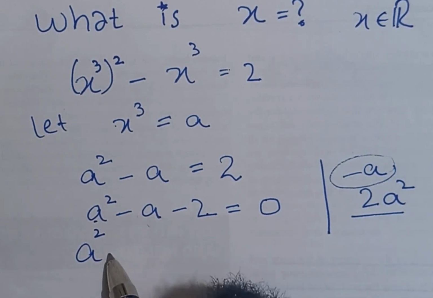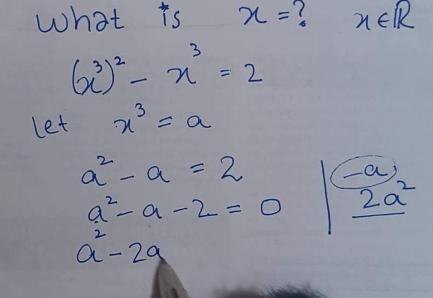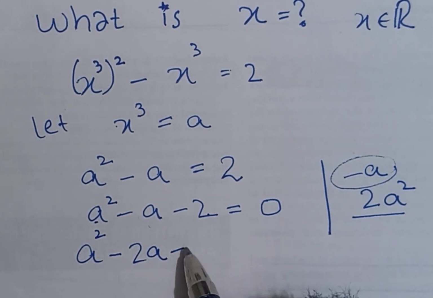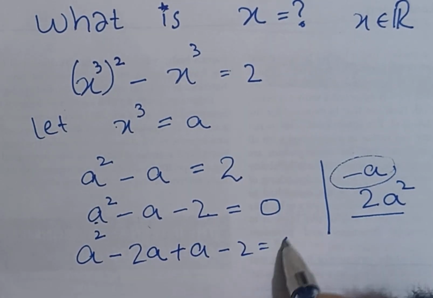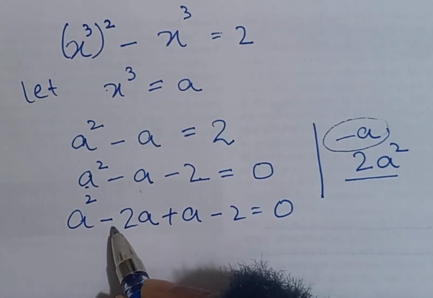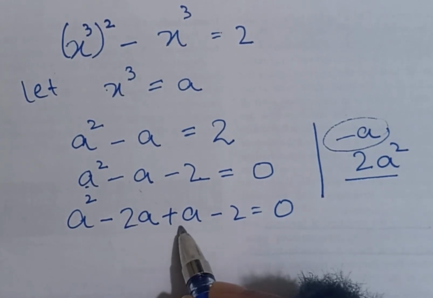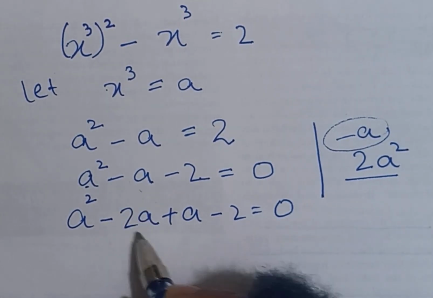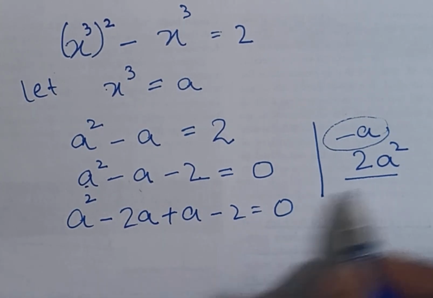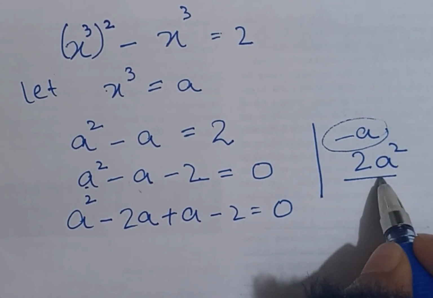The first term is minus 2a and the second term is plus a, minus 2 is equal to 0. Notice that multiplying these two terms gives minus 2 times a squared.